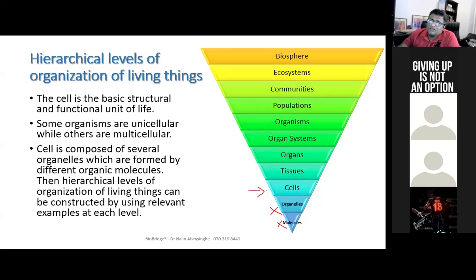Some organisms are unicellular, single-celled, or some are multicellular. A cell is composed of several organelles which are formed by different organic molecules.